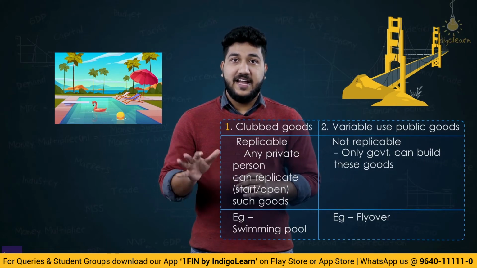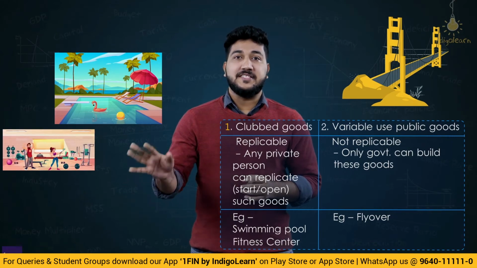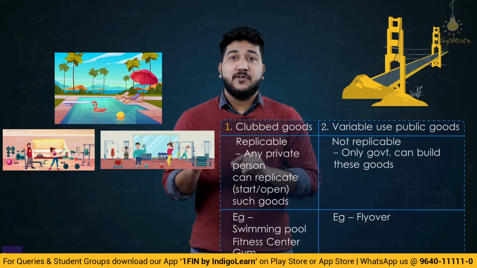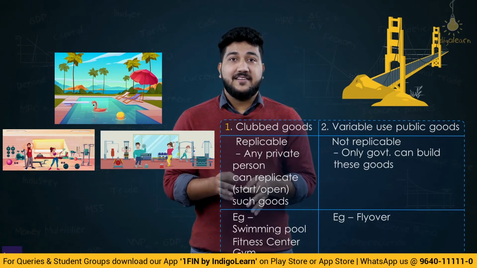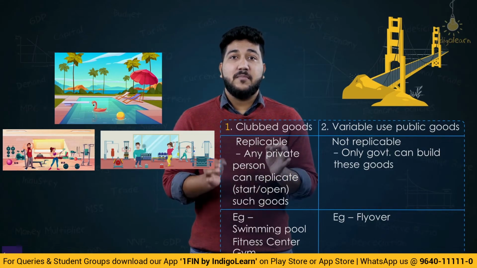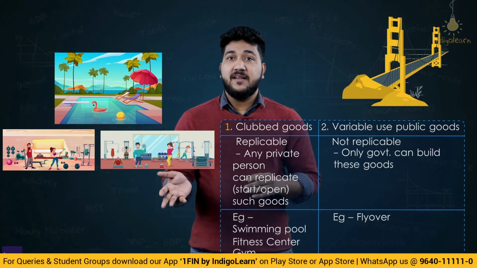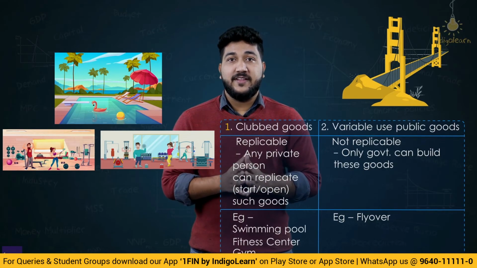At the same time, any private person can start a swimming pool or a fitness center or gym. Now that is the biggest difference between what? Club goods and variable use public goods. In the examination, if they ask you for a difference, the major marks will be for that difference, that these are replicable, these are not replicable. I hope that you are understanding the difference between the both.